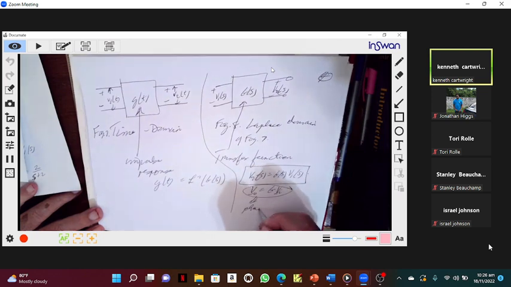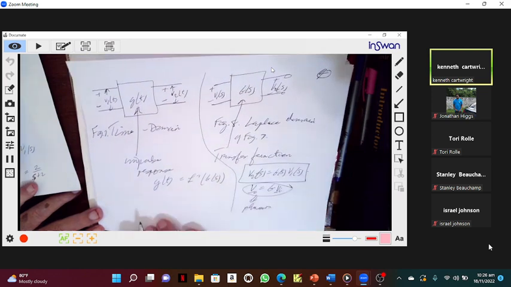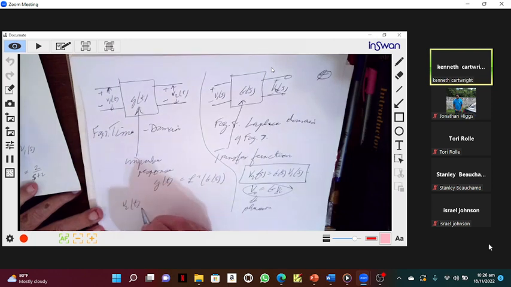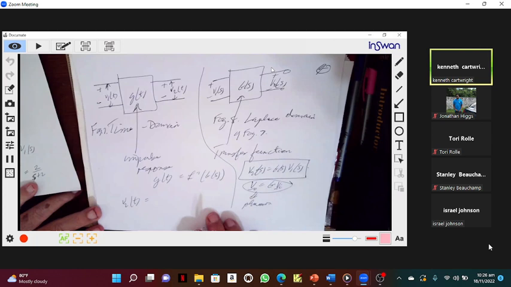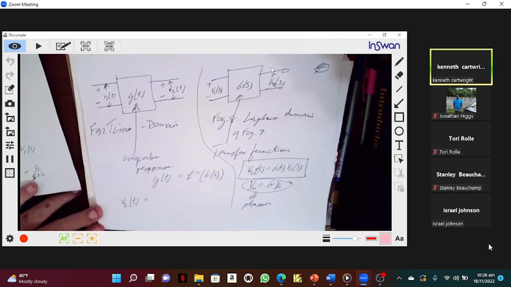So how is V2 of t related to V1 of t? V2 of t equals G of t.